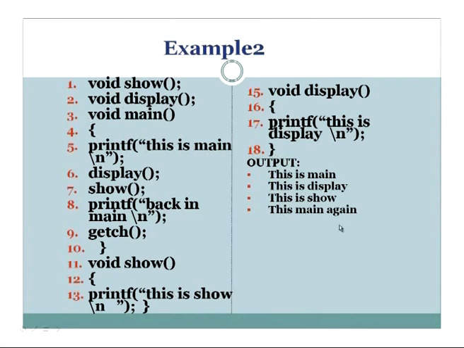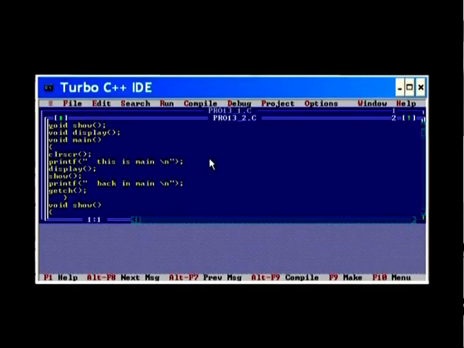So as you see here on the computer screen, the output generated will be just like this. Now let's exercise this example on the computer screen. This is the same example that we discussed on the computer screen.